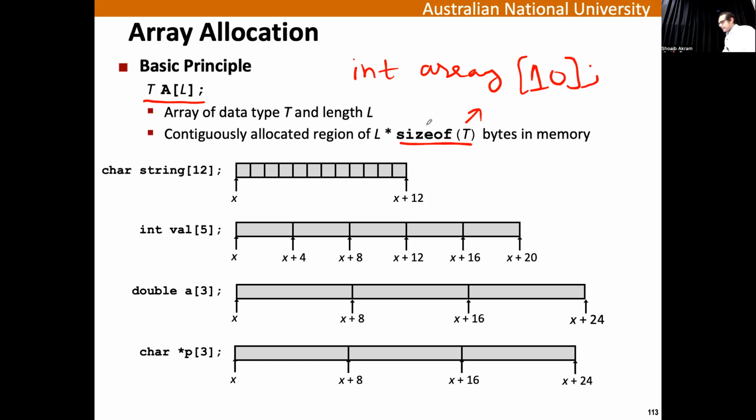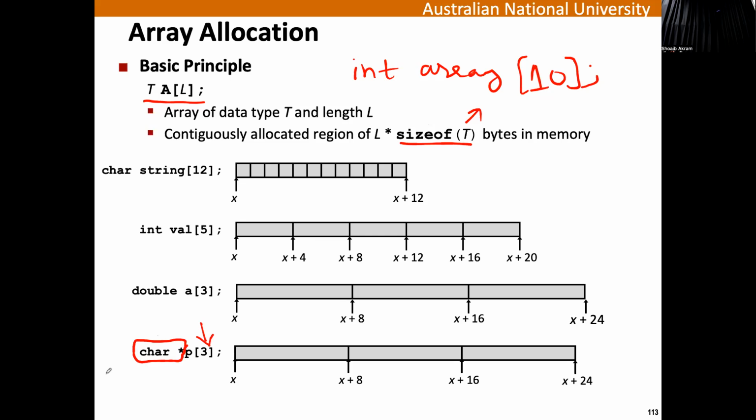The semantics are as follows. Someone says pointers to char, right. This means pointer, and this means 3. So 3 pointers, and the pointer type is character, char.